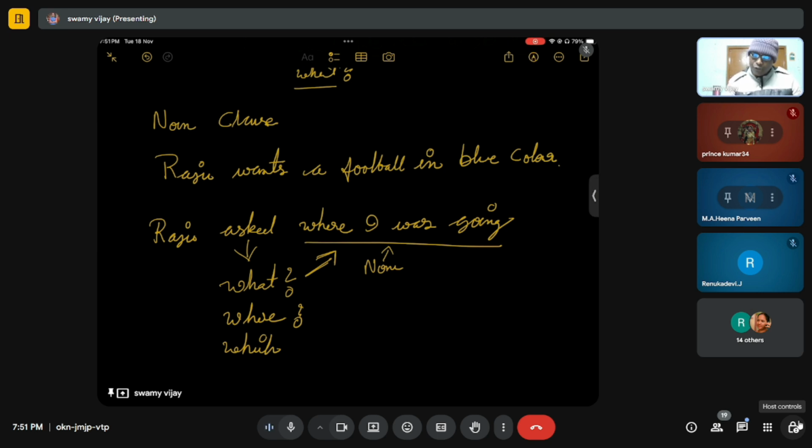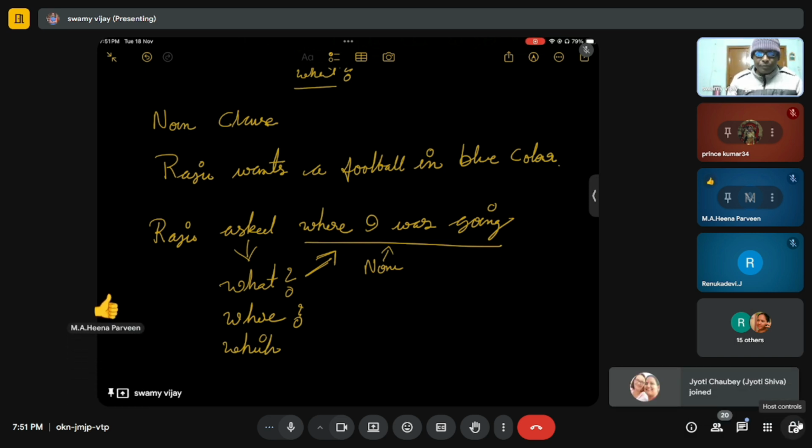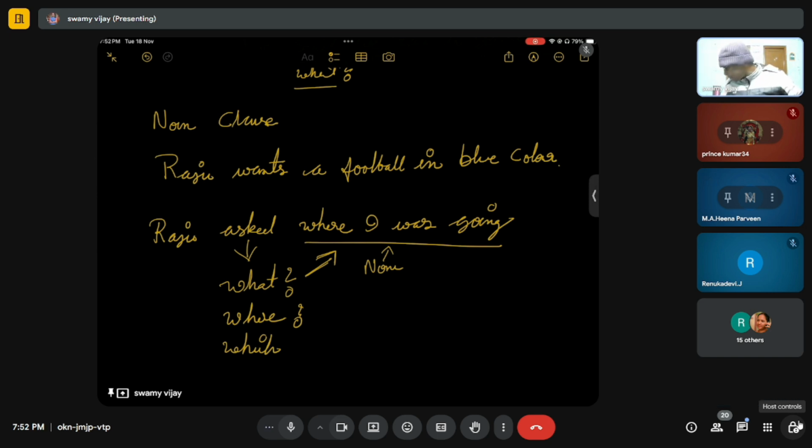Any confusion? It's a noun clause. Another sentence we'll write. Noun clauses, so many examples.